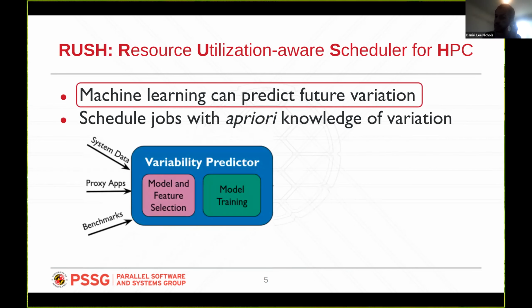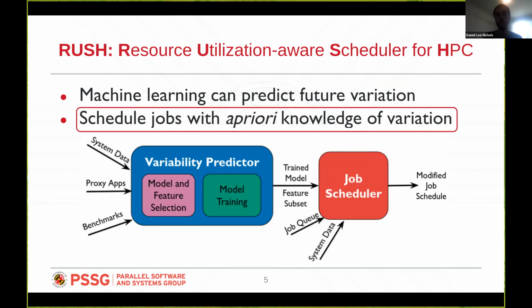The first is a module for predicting variation: here we use system data and job information, and we train a model to predict variability. Then we use that prediction within a new scheduling algorithm to produce more efficient job to resource mappings on the system. This is the overview of the RUSH pipeline.